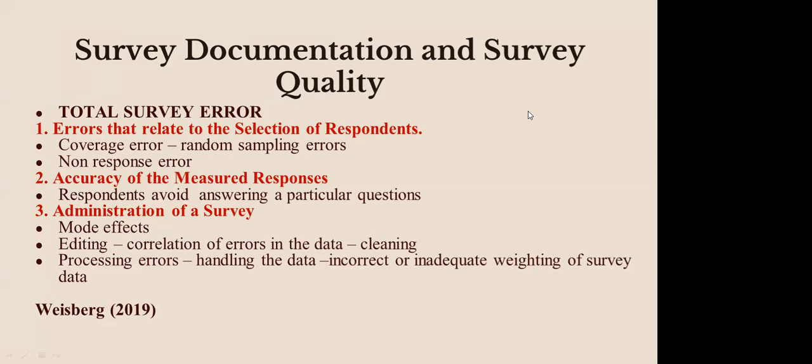This creates issues related to the accuracy of the measured responses. The measurement error is due to the respondent. Sometimes they refuse certain questions but answer others, and sometimes they don't understand the question. So it even depends on the interviewer to make them understand the question.